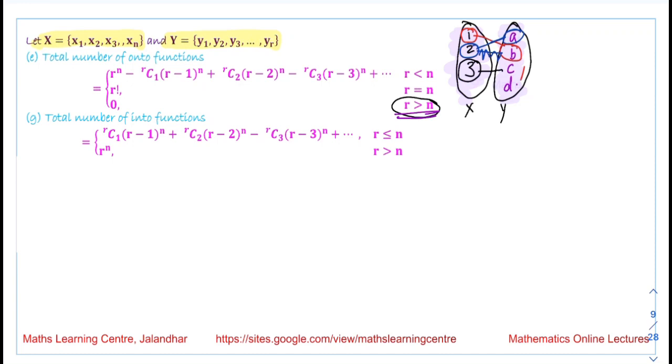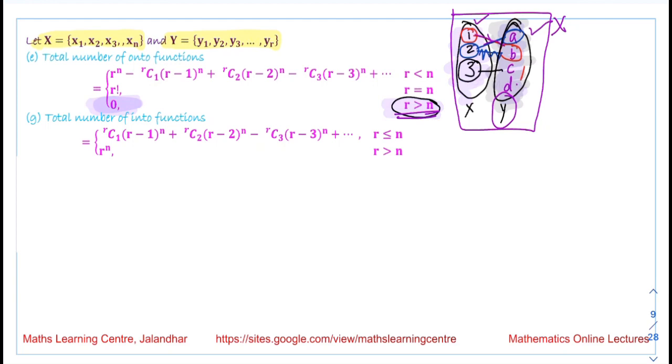The function has the property that each element has only one image. It means that one of the elements A, B, C and D will not have a pre-image. So if the set Y has more elements than the set X, then we cannot find any onto function.